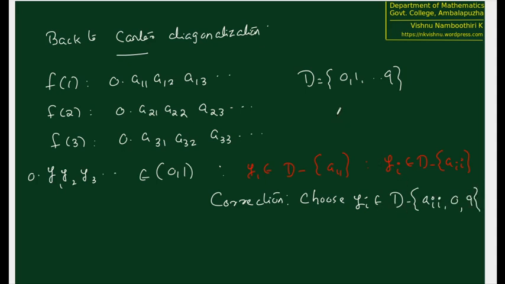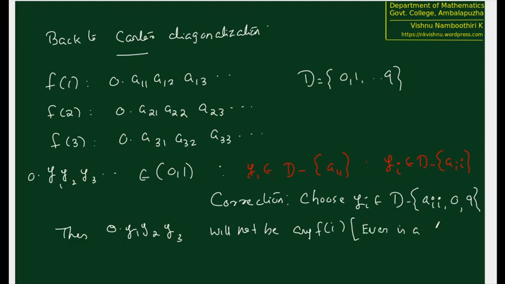Since there are already 10 digits 0, 1, 2, 3, etc. and we are excluding only 3 digits, we can still have 7 more possibilities. Then 0.y1, y2, y3 will not be any fi, not even in a different decimal form. So this completes Cantor's diagonalization method.